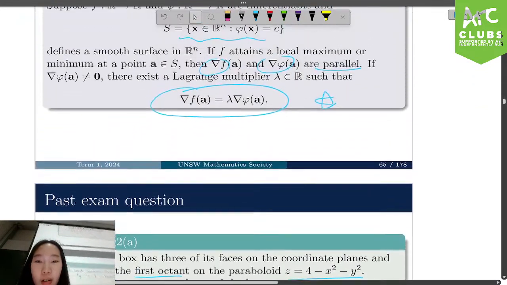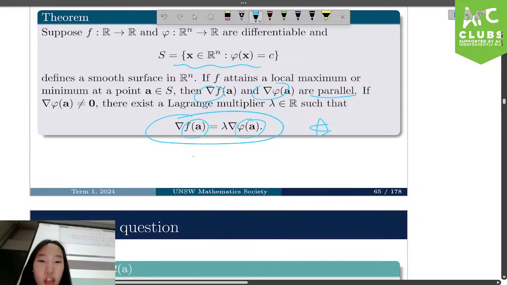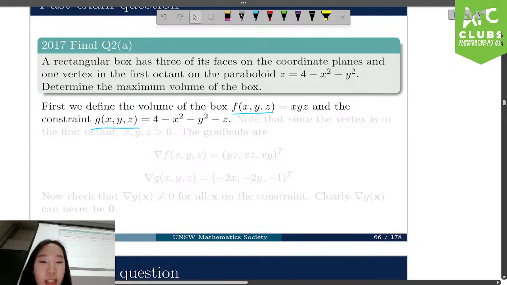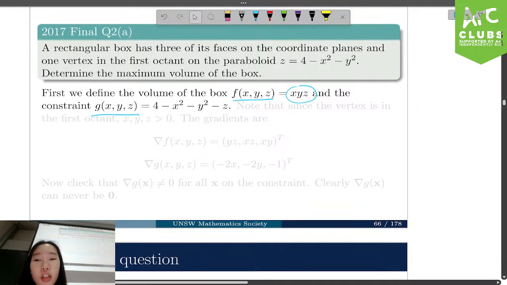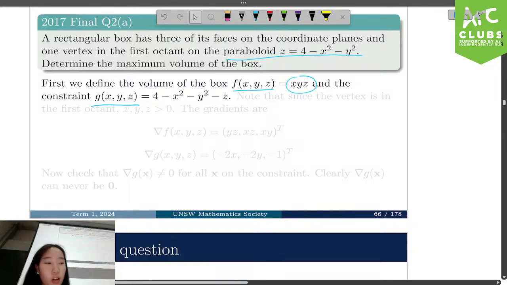Remember, for Lagrange multipliers we need 2 functions. So f of x, y, z, because it's a rectangular box, is just the formula over here. And our constraint is our paraboloid: z, take away x squared, take away y squared.